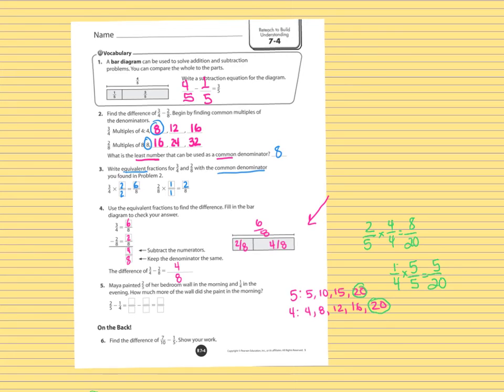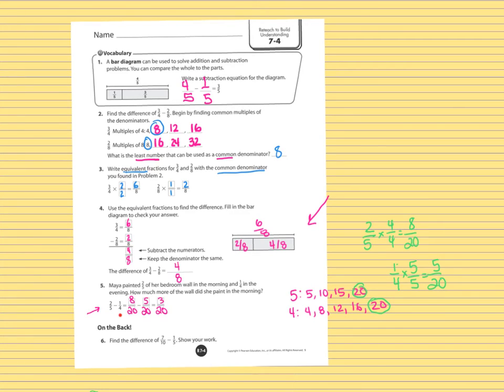Okay, and so now we have our problem, and we're going to come over here, I prefer pink, I think. It's going to be 8/20 minus 5/20, and that will get 3/20 as our answer.